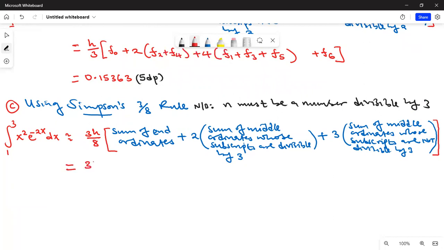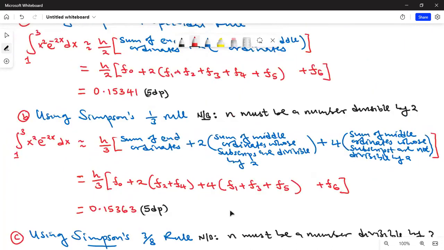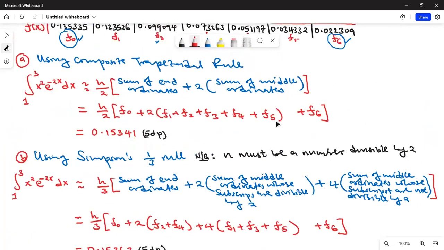It is 3h over 8. End ordinates, that is f0 and f6, will be somewhere here. Then plus 2. Now, between the end ordinates, we remain with f1 to f5. Check those whose subscripts are divisible by 3.